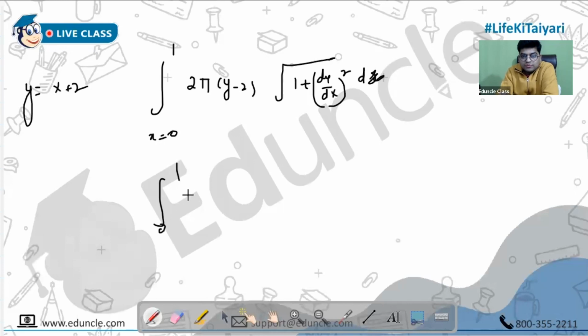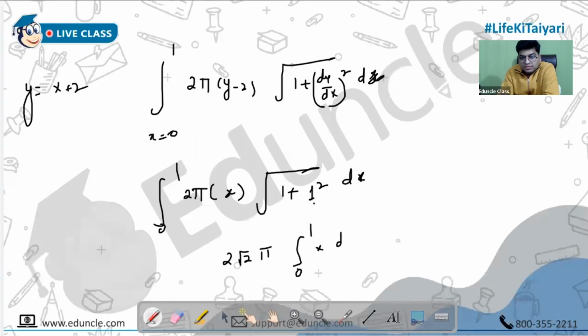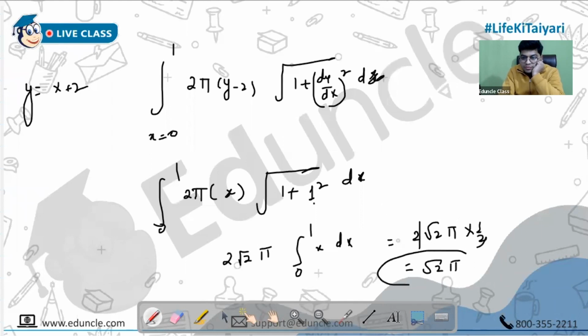Since y equals x plus 2, that is the integral from 0 to 1 of 2 pi, y minus 2 is x, and the square root of 1 plus dy by dx, which is 1 square, dx. So that is 2 root 2 pi times the integral of x dx, which is 2 root 2 pi into 1 by 2, so root 2 pi.